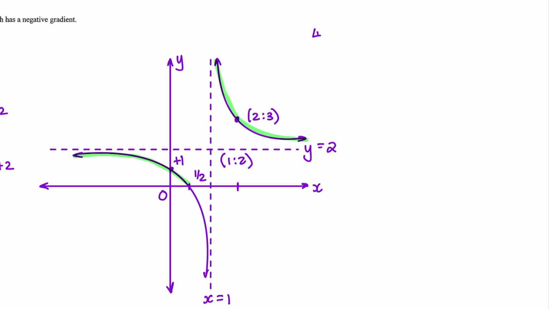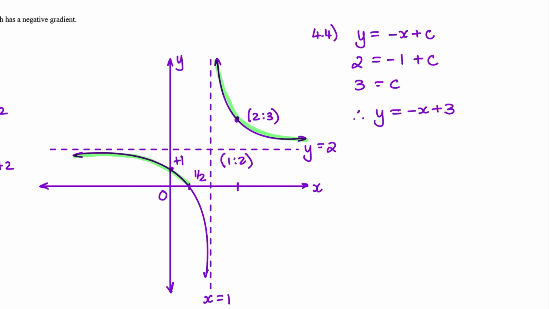For 4.4, we have y is equal to negative x plus c. I'm replacing y with the horizontal asymptote of 2 and x with 1, and then I can solve c. Therefore, the equation of the axis of symmetry with a negative gradient would be y is equal to negative x plus 3.